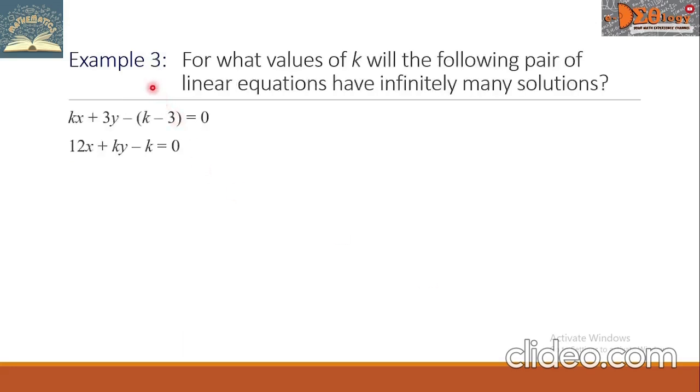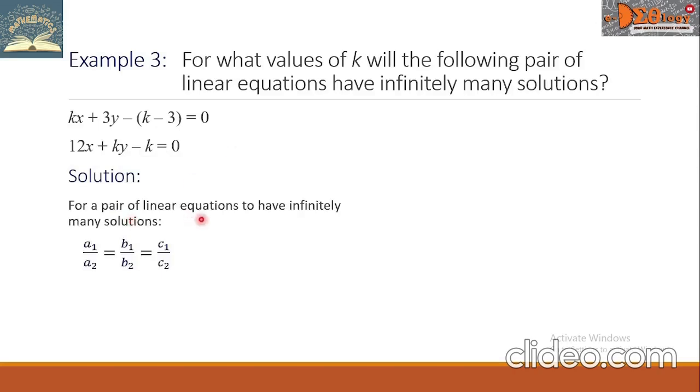Example 3. For what values of k will the following pair of linear equations have infinitely many solutions? kx plus 3y minus (k minus 3) equals 0. 12x plus ky minus k equals 0.